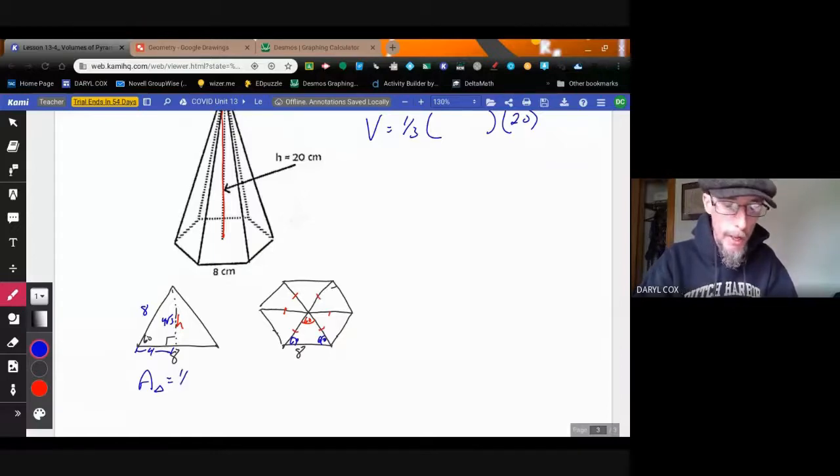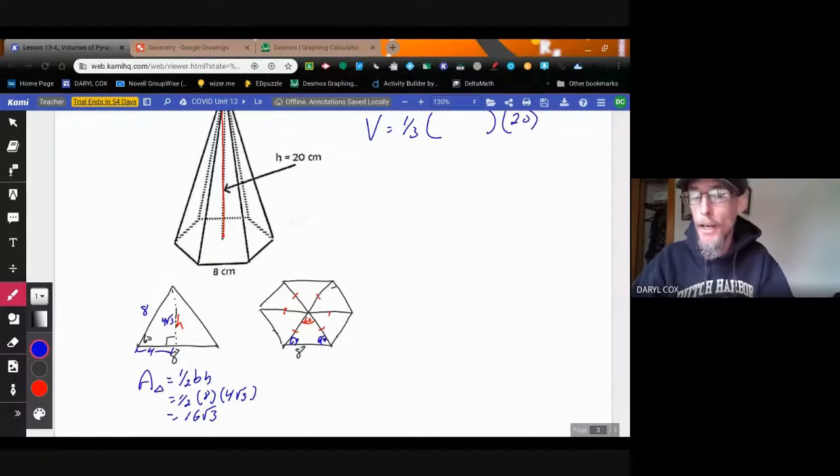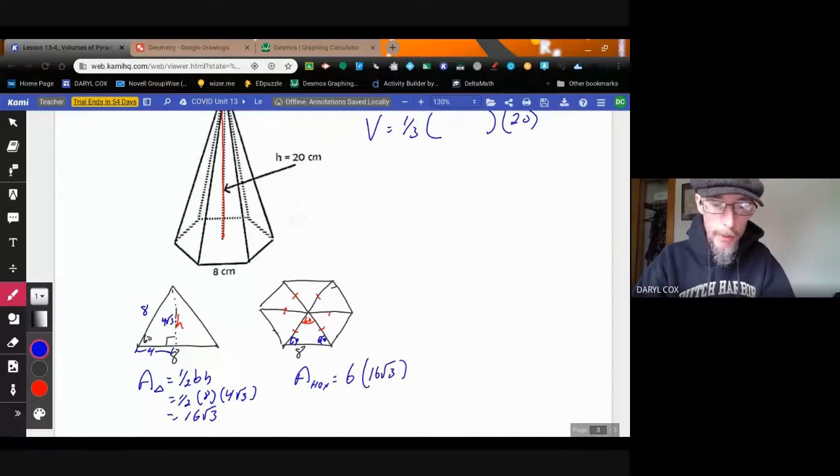Area of a triangle is half the base times height. So that's half my base, which is 8, times my height, which is 4 radical 3. So that's 16 radical 3. Not rounding yet, but that's the triangle. How many of those triangles make up my hexagon? Okay, so the area of the hexagon is 6 of this 16 radical 3.